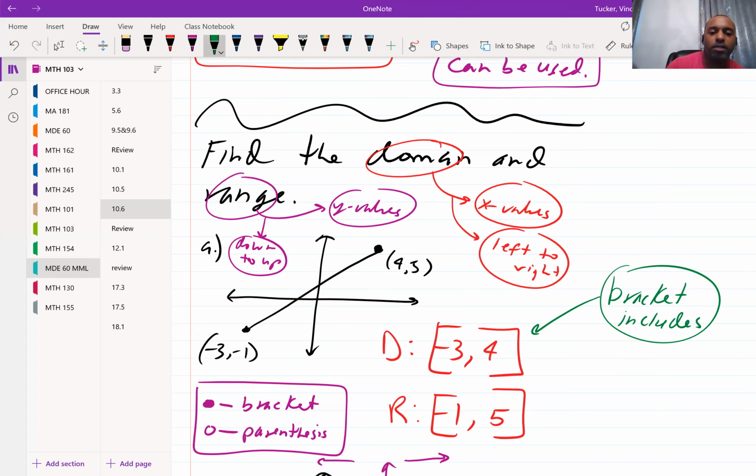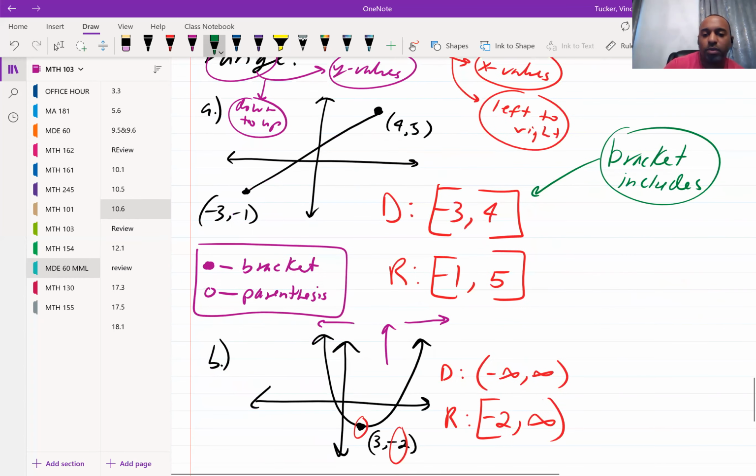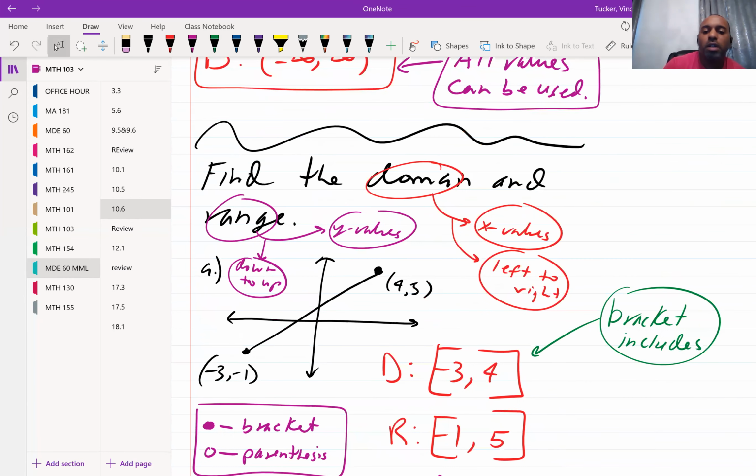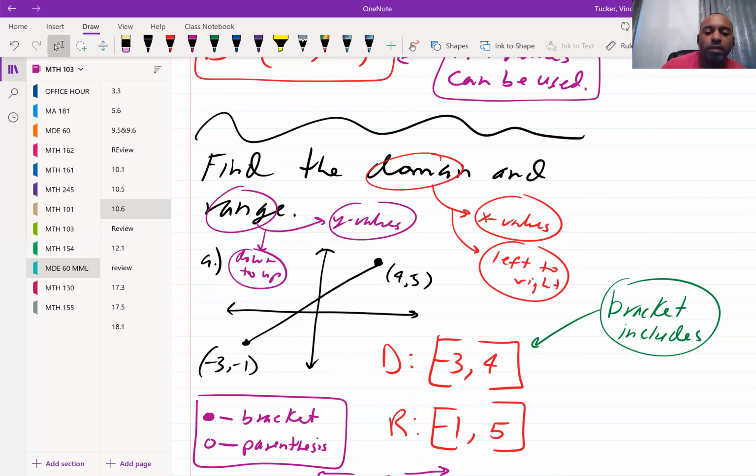So those are solid. Do we have open circles? Oh, no open circles. Probably should have put an open circle in there. Oh, but I wrote it right here. Okay. So notice right here in the purple box, because we have closed circles, then we use brackets. If one of them was an open circle, you would just use parentheses. So just reminding you of that.